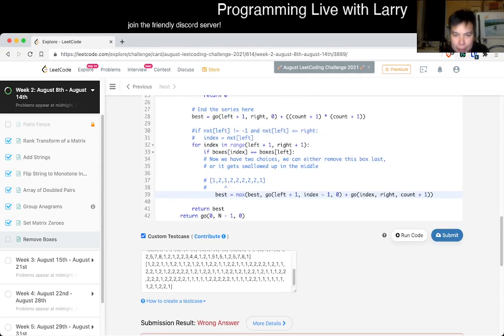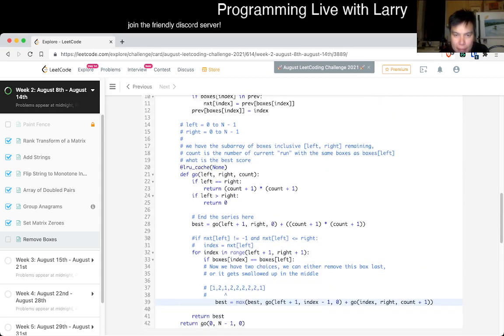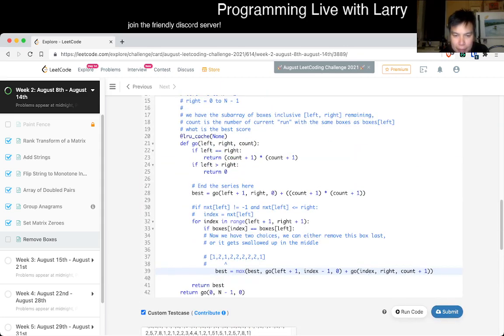But how do we compress this? What about the not case? The not case.